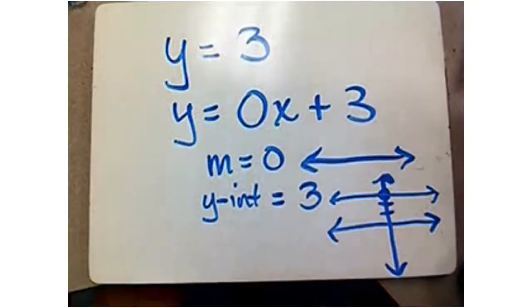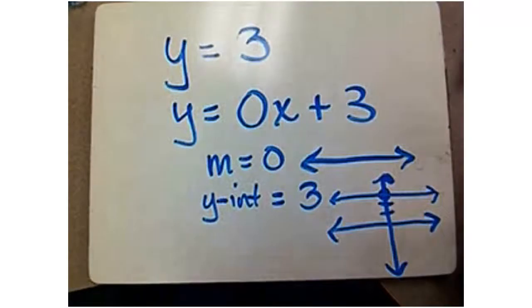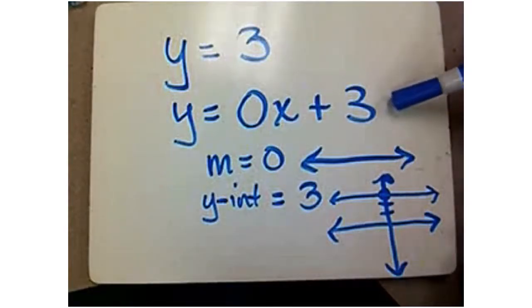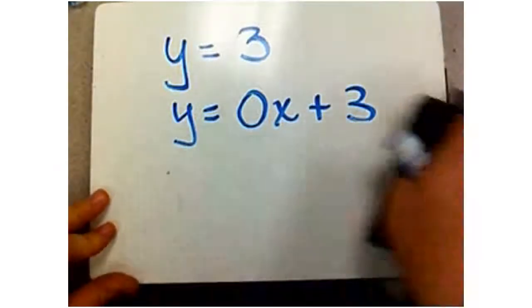There's no x values here. It's a flat line, right? So when you have an equation of a line where it's y equals just a number, what that means is just plot the number at the y value. So we're going to plot 3, and we're going to draw a line, because actually it's y equals 0x plus 3. The slope is 0. Okay. Example number 3.